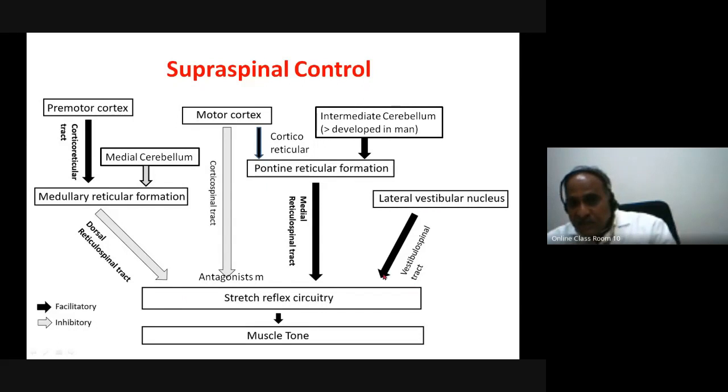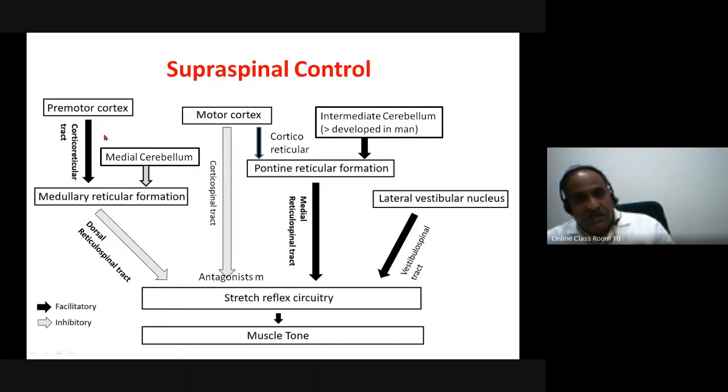And this one is directly on the alpha motor neuron. So this one is gamma excitatory or facilitatory, this one is gamma inhibitory, and this one is alpha excitatory. So when the motor cortex sends impulses to the flexor muscles, at the same time that is inhibitory to the antagonistic group of muscles.